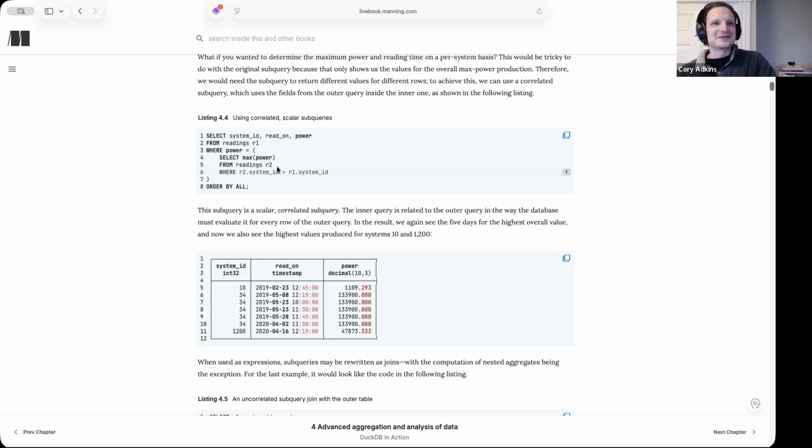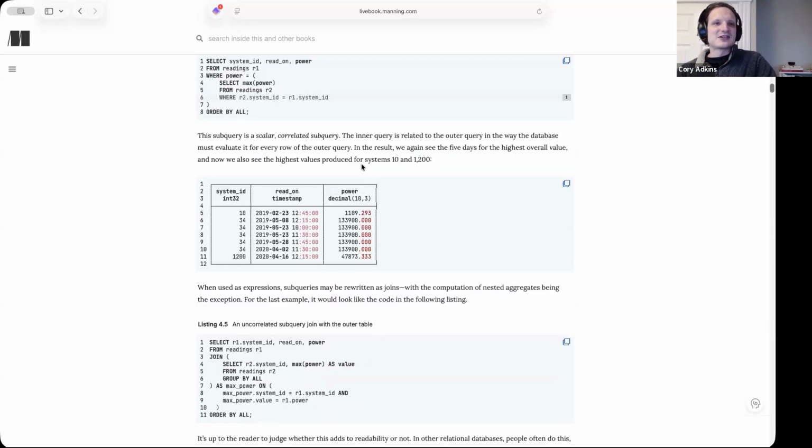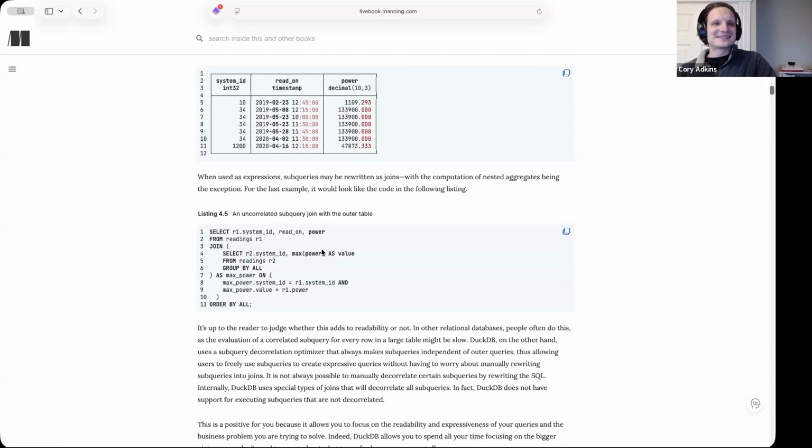But they're the same table, because readings is R1 and R2. That seems strange to me. Maybe that's elliptical.